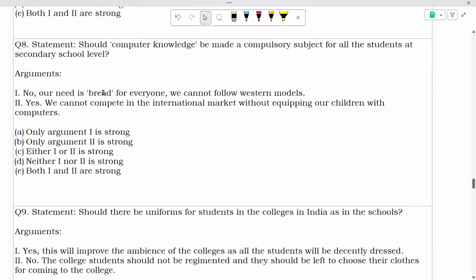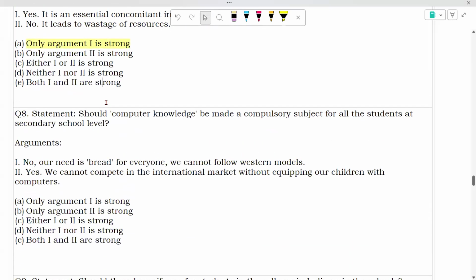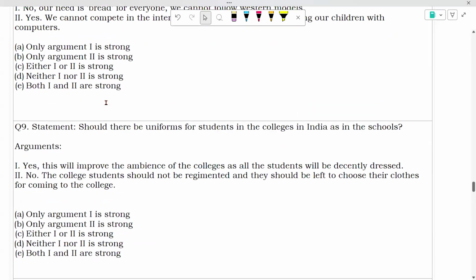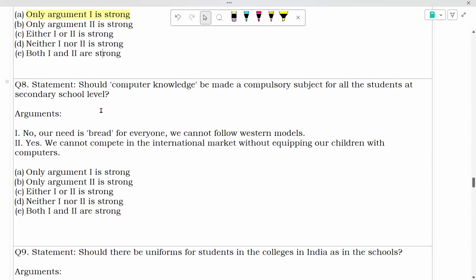Let us go to the eighth question. We have many questions, 30, 40, 50 questions. Okay. So the statement says, should computer knowledge be made a compulsory subject for all the students at the secondary school level? Now here the catch is the should or shouldn't confusion, but it is not shouldn't, it is given as should, so I read it incorrectly.